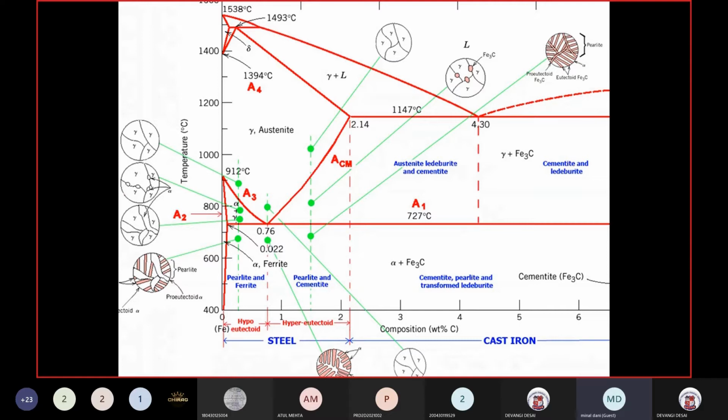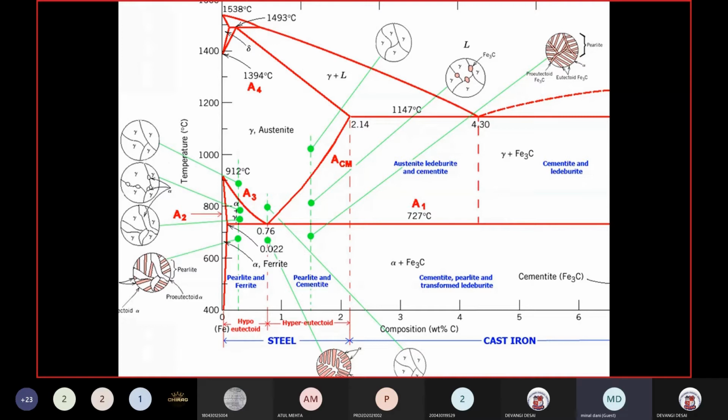So you can see at the upper edge of the straight red line, which is at 1493 degrees Celsius, this is the delta phase, the very left corner is the delta phase. So the topmost triangle is with the delta and liquid. Here all is liquid. Above this line all material is in a liquid state.